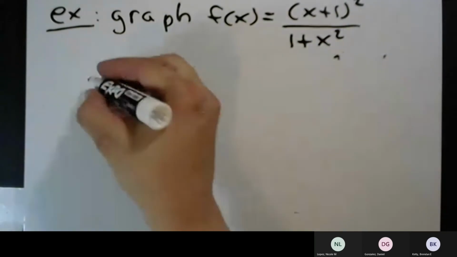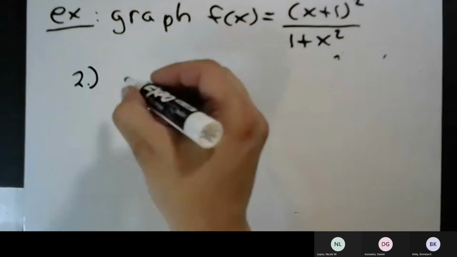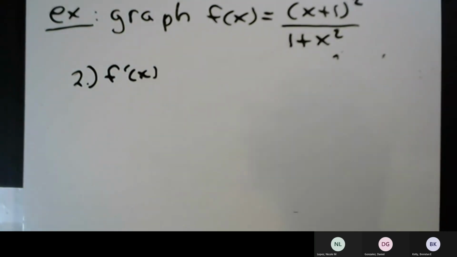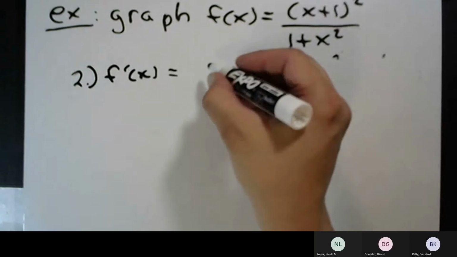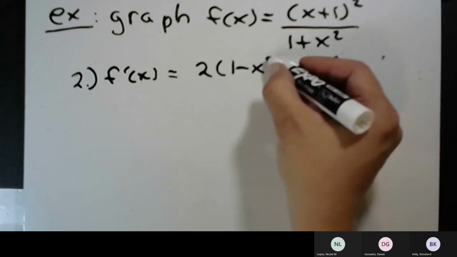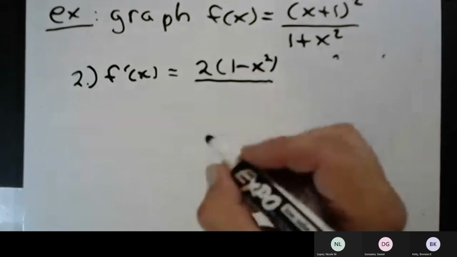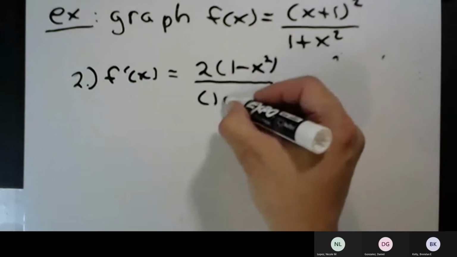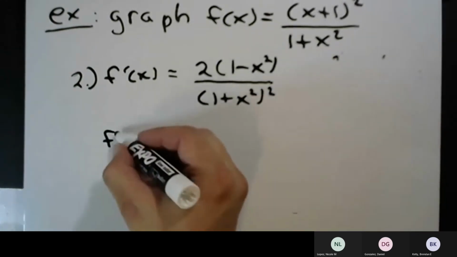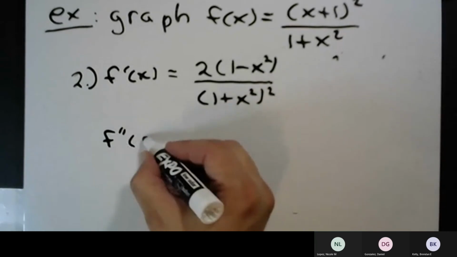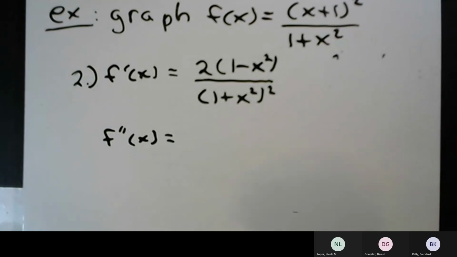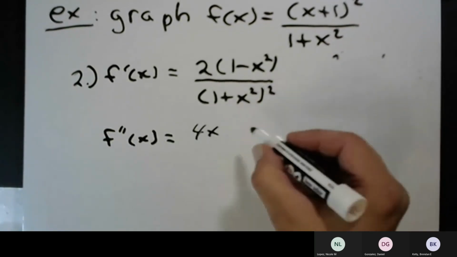So let's dig in here. Let's find f prime of x, or y prime. If we hammer that out, for the sake of time, I'll just put it here. f prime of x is going to turn out to be this. And then f double prime, and you're going to be using a quotient rule on both of these calculations. You're going to get this.